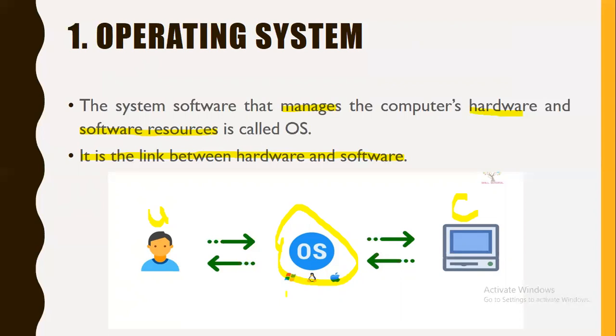Same is the case with your mobile phones. When we use mobile phones, they also have operating systems. For example, most of us use Android phones, which means they have Android operating system. Some other examples are Mac operating system, and the most commonly used Windows operating system, which was introduced by the company Microsoft.